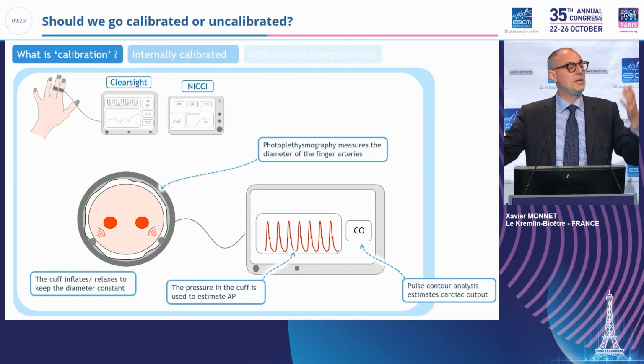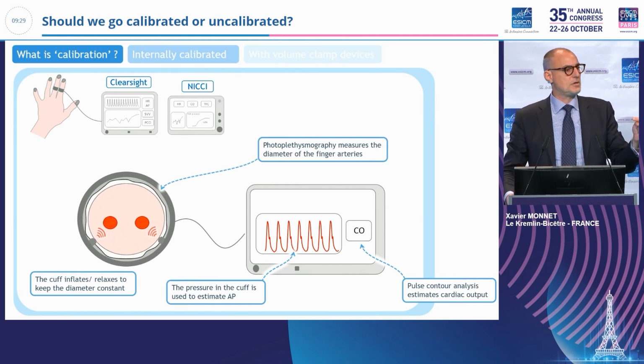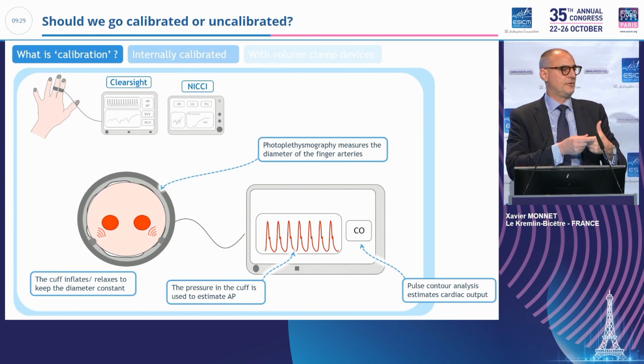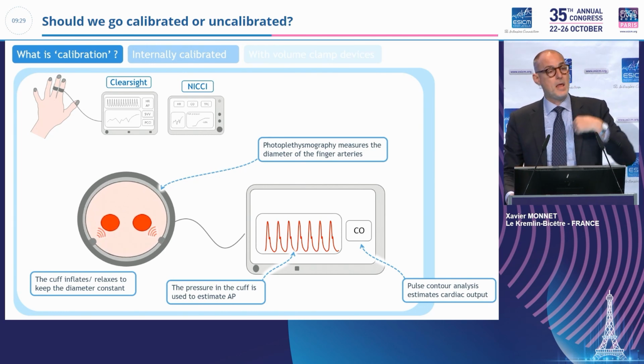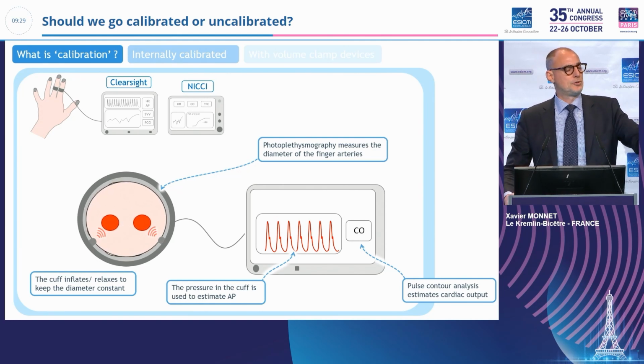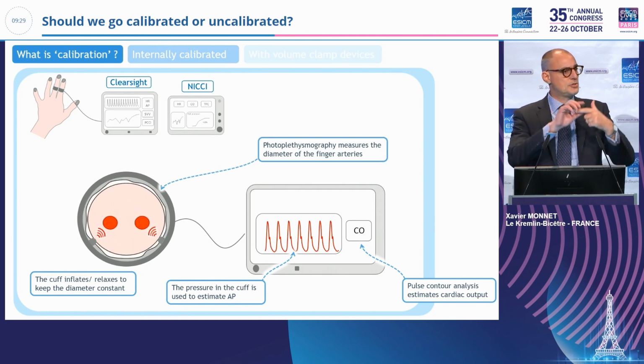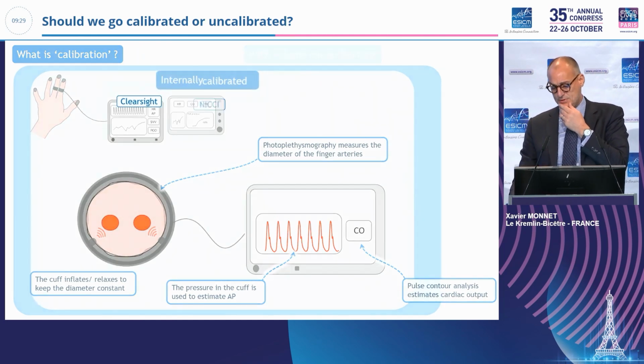There is a calibration and it provides, you see, a curve. It's not just systolic, diastolic blood pressure. It's an arterial curve obtained with this cuff around your finger. And on top of that, on this arterial pressure curve, pulse contour analysis is applied. So you have cardiac output just with these non-invasive systems.